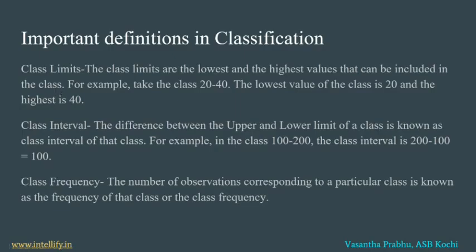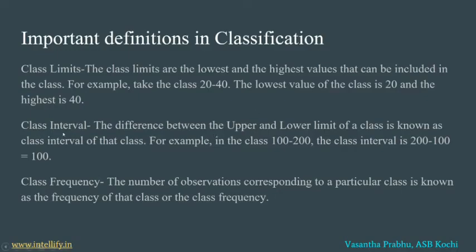Each classification will have a specific range of values from lowest to highest value. For example, take a class 20 to 40. The lowest value of the class is 20 and the highest value is 40. So whatever values lie between 20 and 40 will be taken in a single class, classified into a single group.